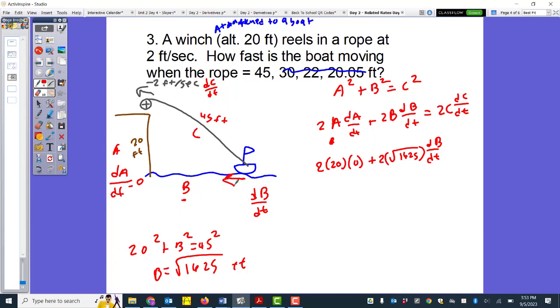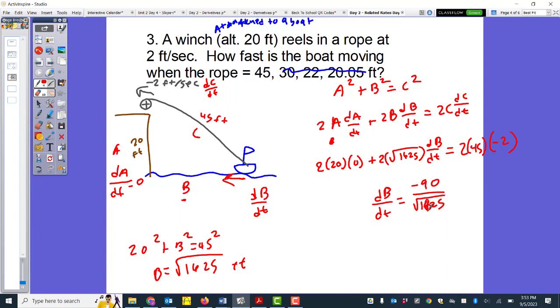So if we plug everything else in correctly, that sign should work out without any issue. Equals 2 times 45 times dC over dt, which is negative 2. All right, this is just going to be 0. We're just left with dB over dt equals, we'll say the 2's cancel. So negative 90 over square root 1625.